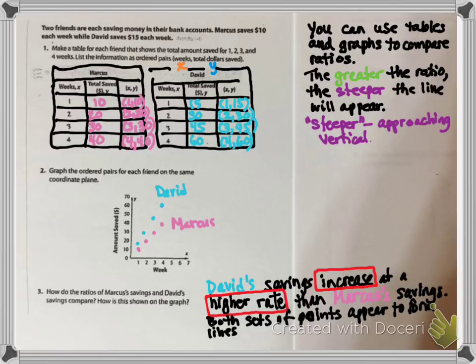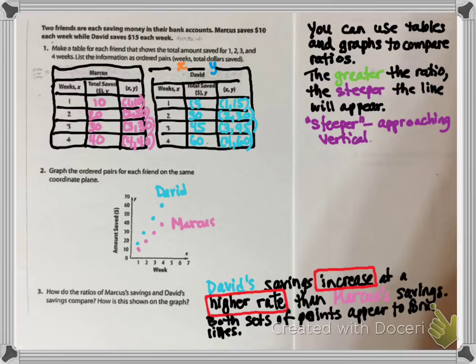We've got a Marcus pink line and we've got a David blue line. And then how do we know that David's savings is at a higher rate? Well, look at his steepness, so we'll mention that.